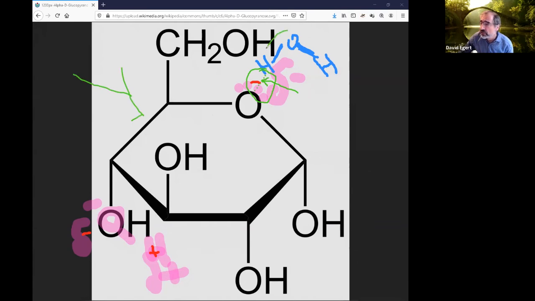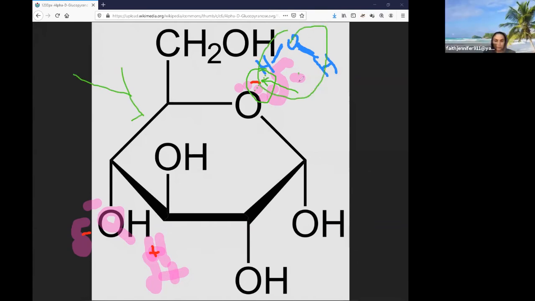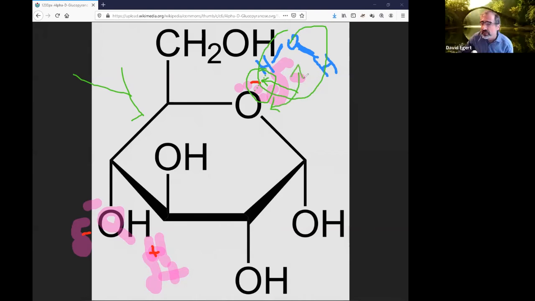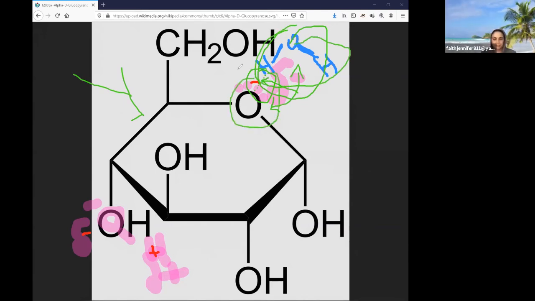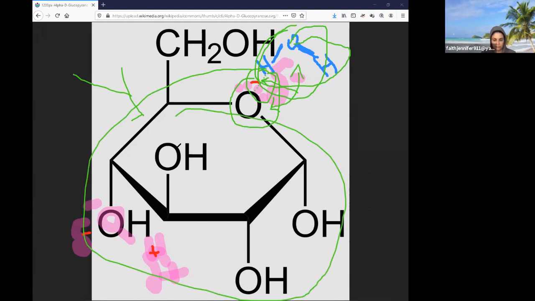It means that the polar water molecules are having these polar interactions, positive-negative attractions, between the positive or negative parts of the water molecule and the complementary part of the sugar molecule. And that's why sugar is dissolving in the first place. That makes sense?